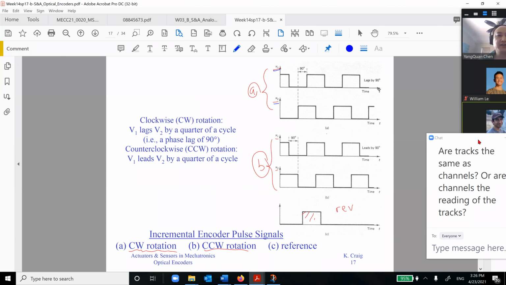If you move in clockwise rotation, you will know that V1 will lag V2 by 90 degrees. In this window, you can put pickup 1 in here and pickup 2 in here, so there's a phase difference.